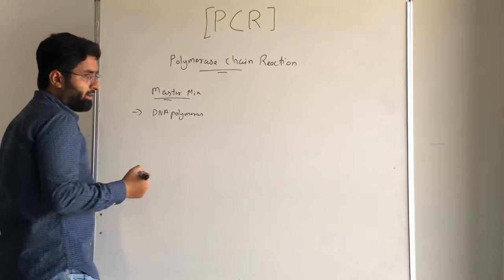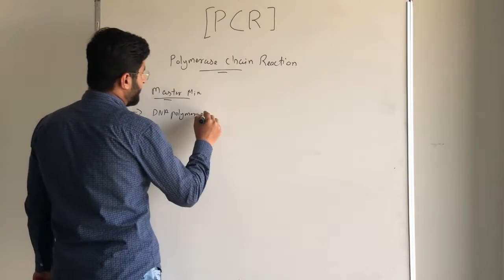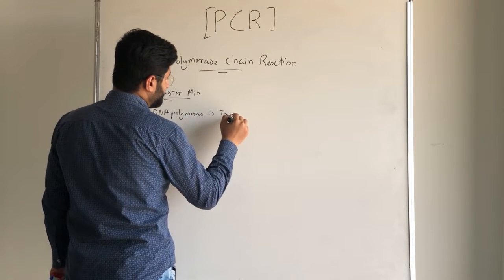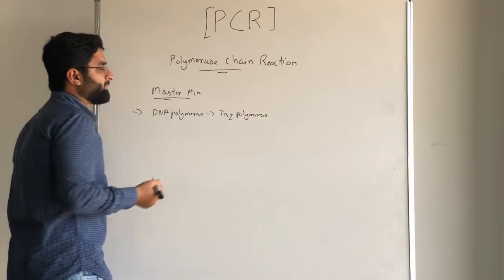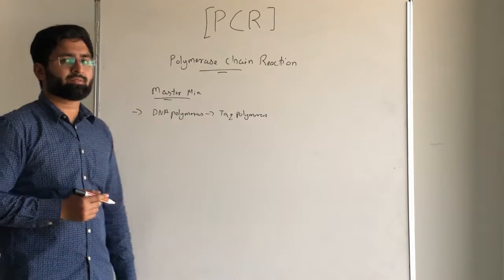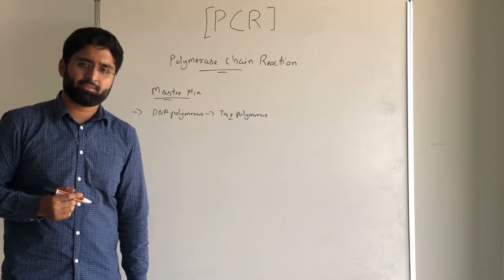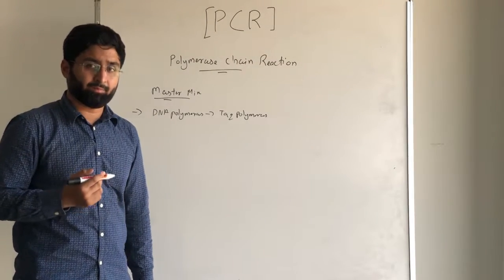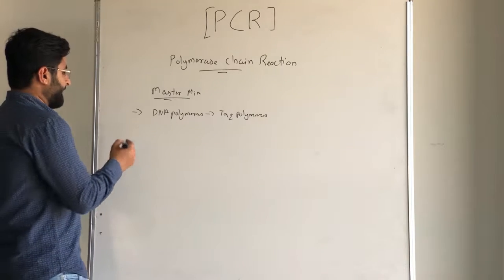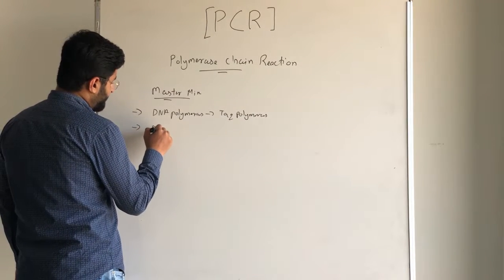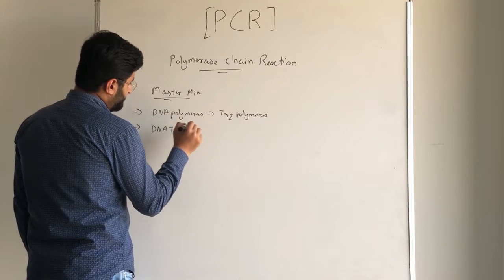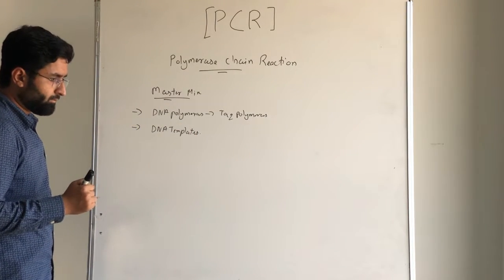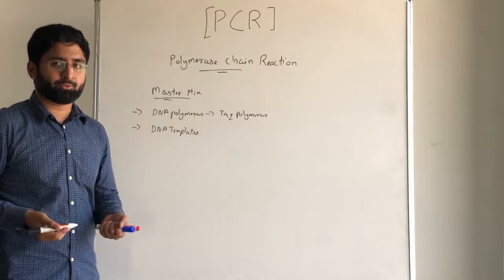Over here particularly we will use Taq polymerase, which is extracted from a bacterium called Thermus aquaticus, which thrives in extreme, high temperature conditions. Then come the DNA templates, right? Without this there is no use of doing PCR.